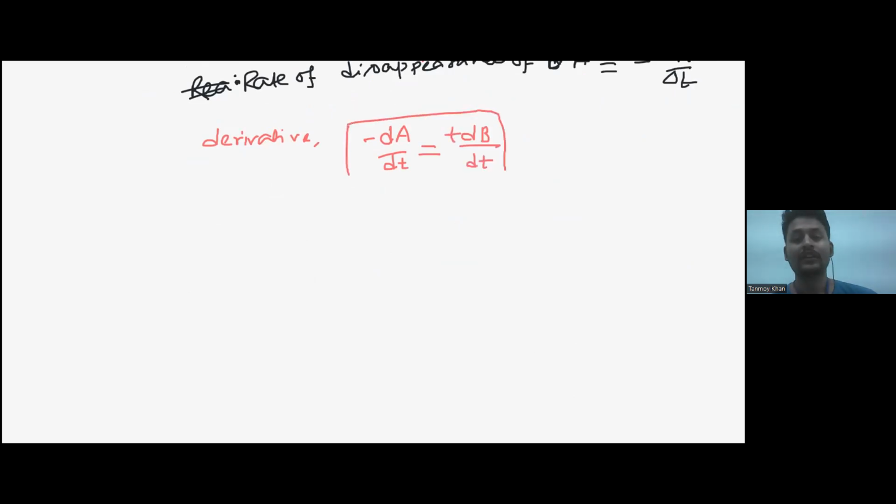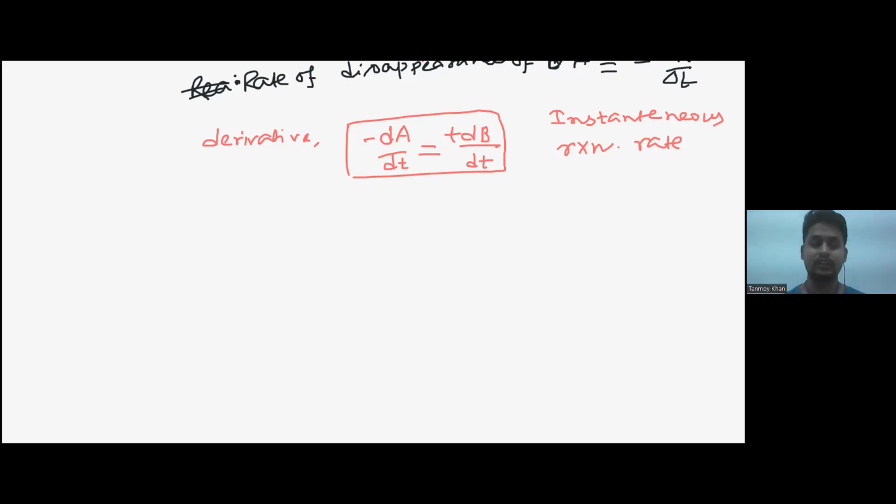So at any given point, that is instantaneous. For a reaction, this instantaneous rate is much more useful. Take the example of the volume of charge again. You need to know at a certain point, like after 5 seconds, how much reaction has happened and how much is still left, and after 10 seconds how much. At any given point of time, what is the reaction? That is the instantaneous reaction rate, right?